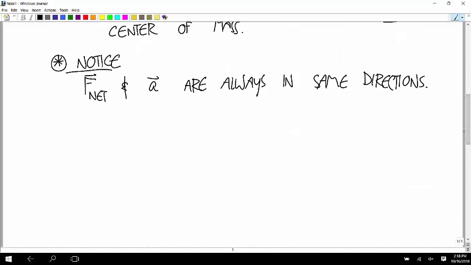Okay, and then I defined mass, and that was a pretty simple thing. We think about mass as a resistance to acceleration. And now we have to start talking about forces, and that's going to be a long process.